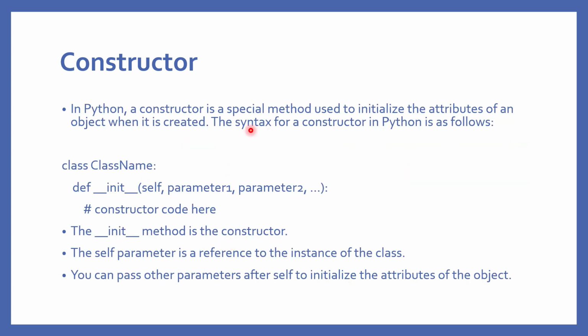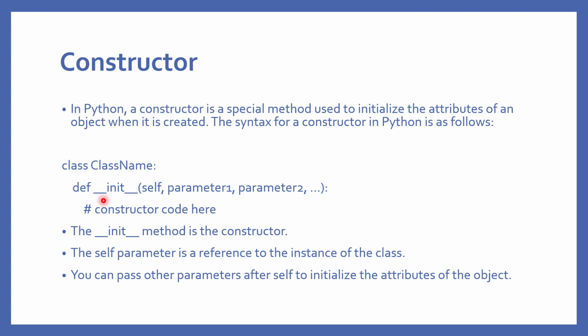In Python we have a special function for this, and it is defined by double underscore init followed by double underscore. So here the syntax is the class name, and under this we define our constructor. A constructor is a method, so it starts with def. It has a special name in Python: double underscore init followed by double underscore.